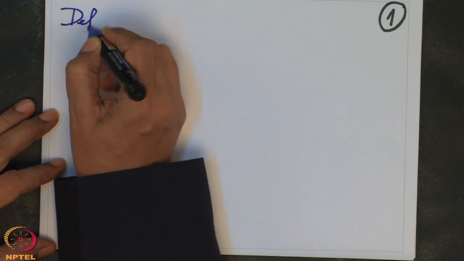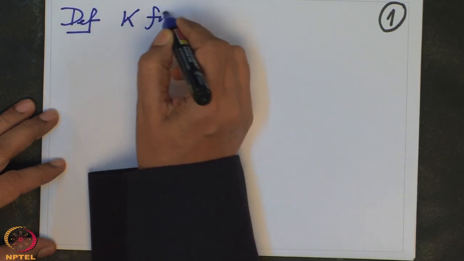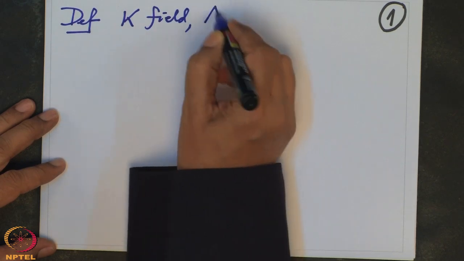Okay, so we have been debating the concept of algebraic elements and minimal polynomials and so on. So let me formally define. Definition: suppose K is a field, the base field always, and A is a K-algebra.